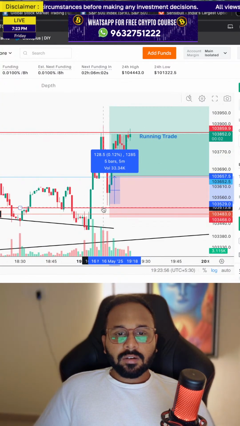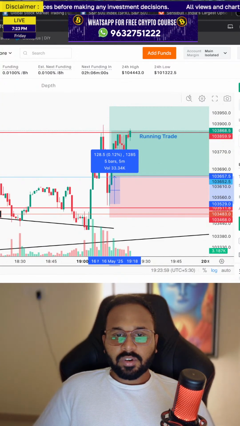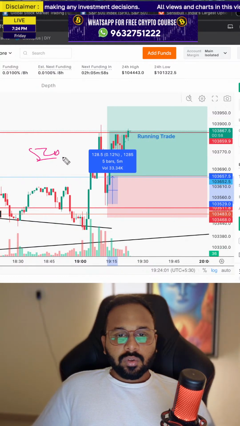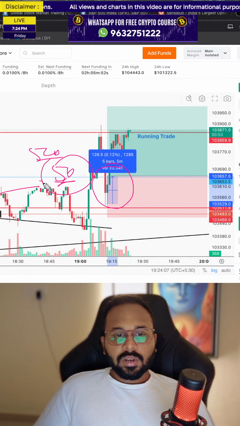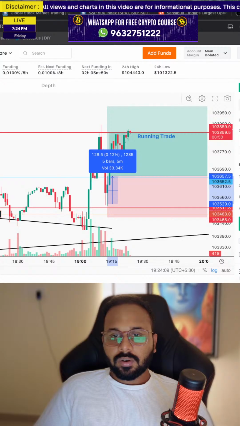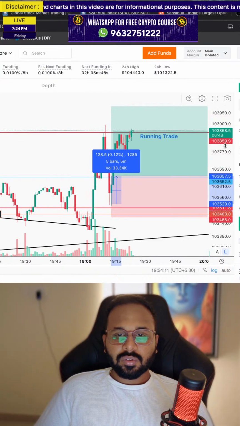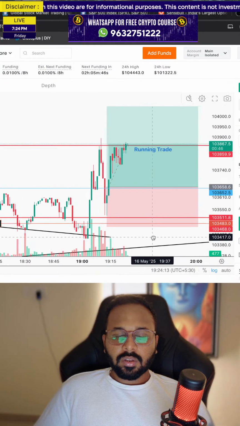If I've taken 500 quantity, 100 points is close to $50 for me. That $50 will cover the brokerage also. $50 is around 4,200, 500 rupees.